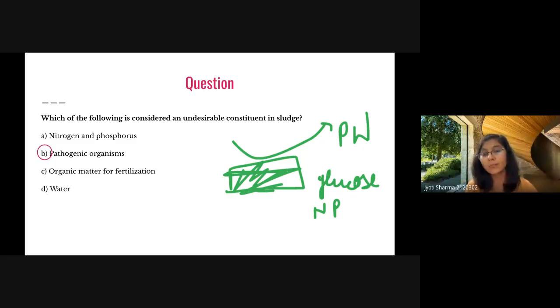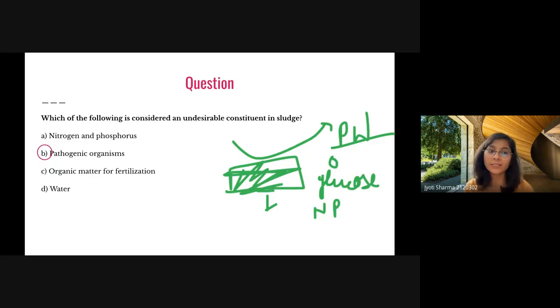For example, if you are getting this wastewater from some poultry, where we can have some eggs, that water may also have some pathogenic organisms in your sludge, because water will be purified, but what will be remaining? Your pathogenic organisms. So you have to see how you will dispose of that sludge.